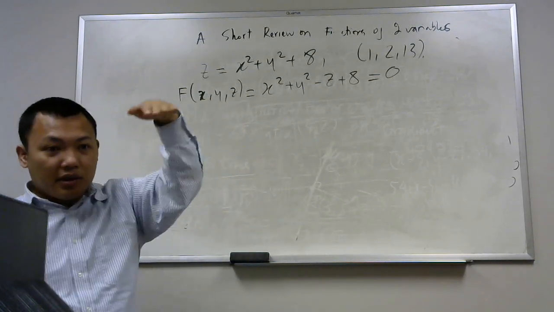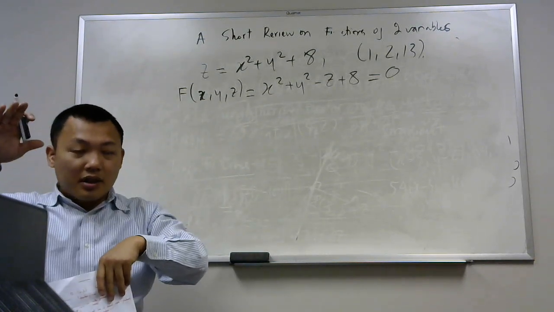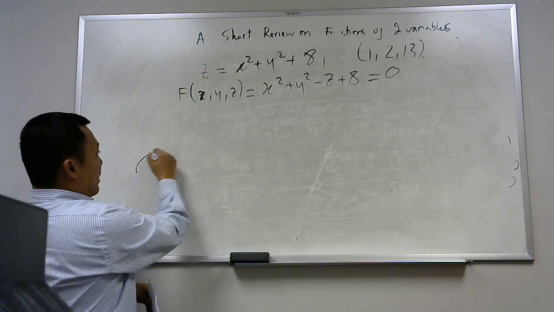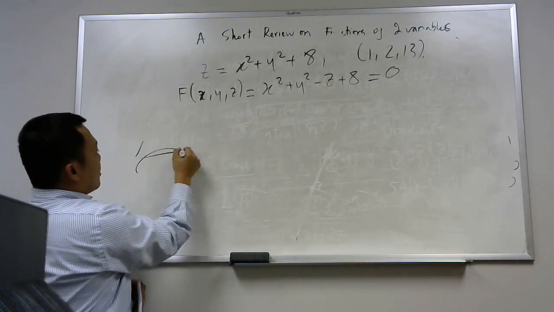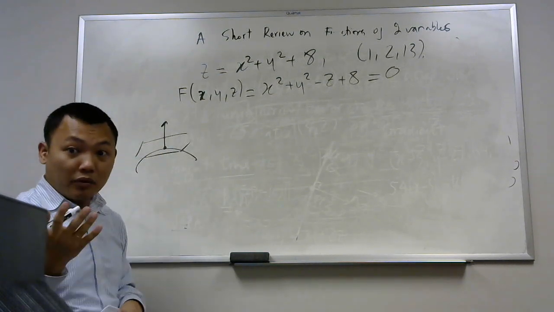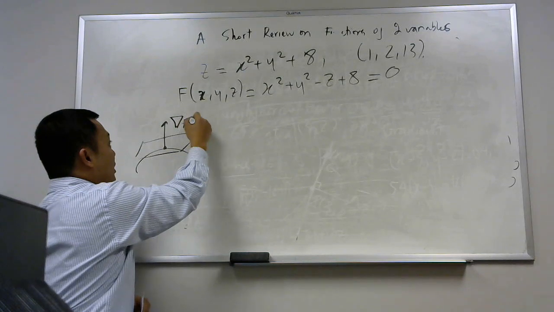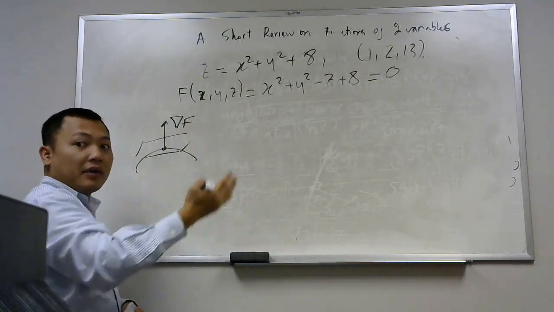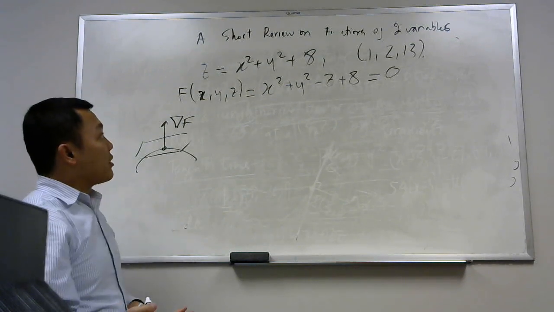So you have some level surface in here, and you take the tangent plane. You need to find the normal vector, and that is nothing but the gradient vector, right? And then you have 1 point, 1 gradient vector. You can find the equation of that tangent plane.